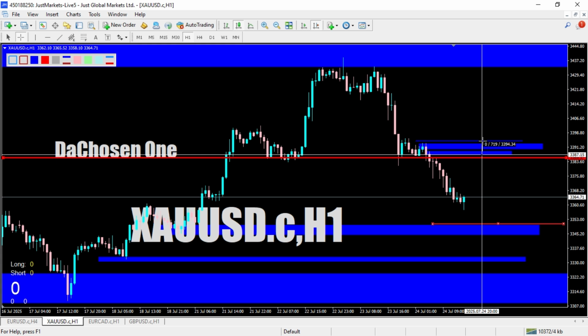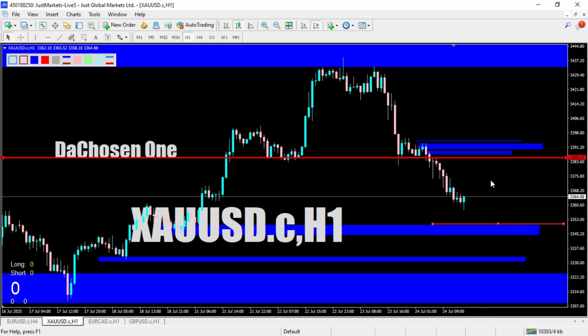Our stop loss is a 71 pip stop loss. So profit, it's 357 or 360. So 71.